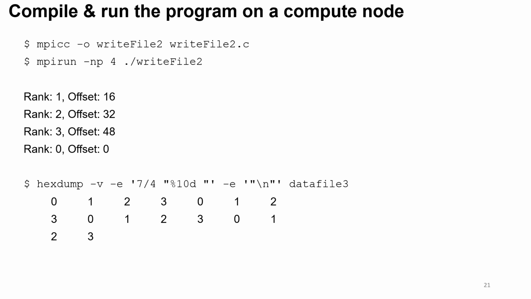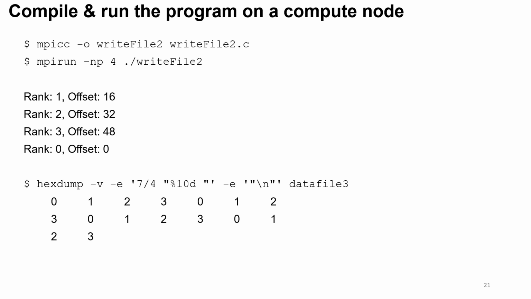So after we run this code, basically what we will get is a file. The file name was datafile3. That's the file we wrote. And note that this file would be a binary file. If we want to inspect the contents of this file, we can take a hex dump or an octal dump of the file with appropriate formatting options.